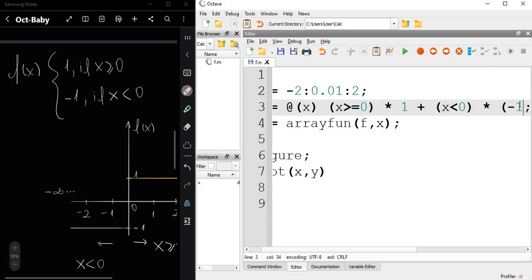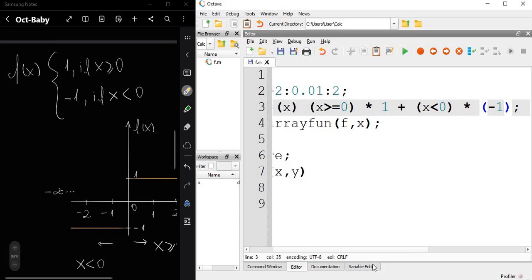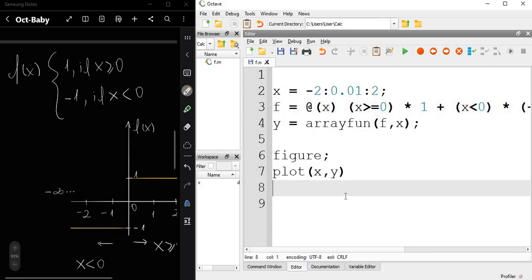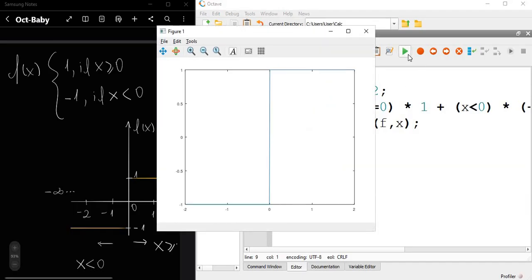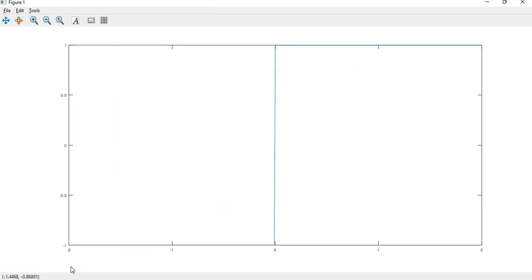Forgot to put this between parentheses. Okay, let's try. Okay, so we got -1 for values less than 0 and 1 for values greater or equal to 0.